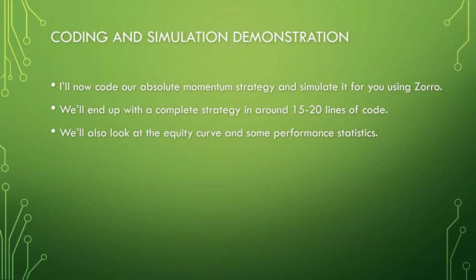So I'm going to switch over to a Zorro environment now and code this strategy for you. We'll end up with a complete strategy in around 15 to 20 lines of code, and also have a look at the equity curve and some performance statistics.